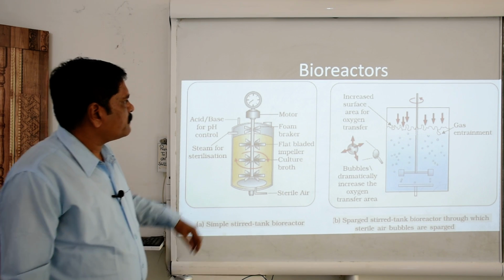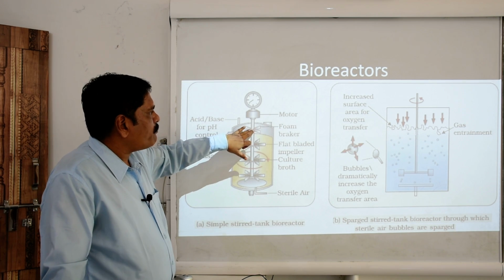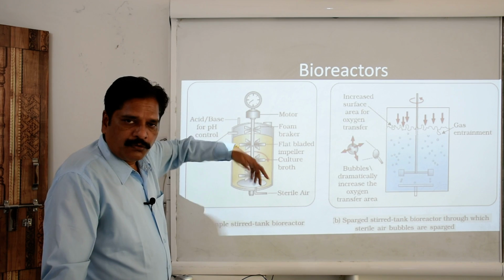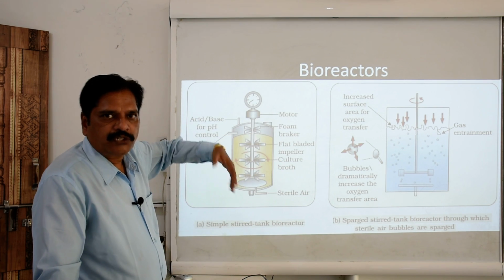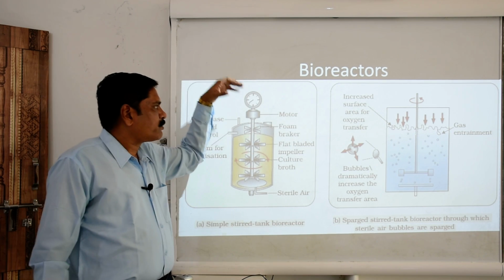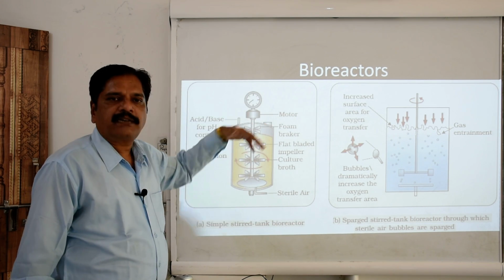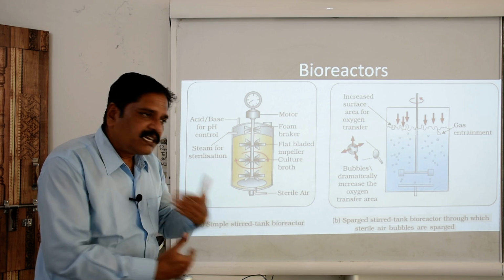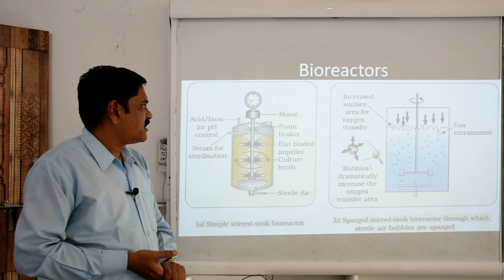Clear? And here this foam breaker is there because of the movement, that is the churning. A foam comes on the top, so this foam breaker is responsible to send the material back inside. Clear?